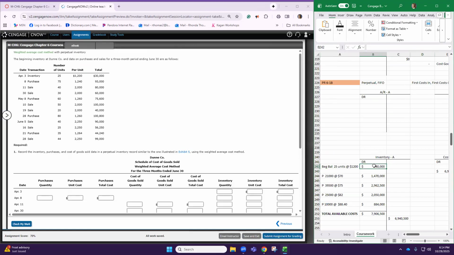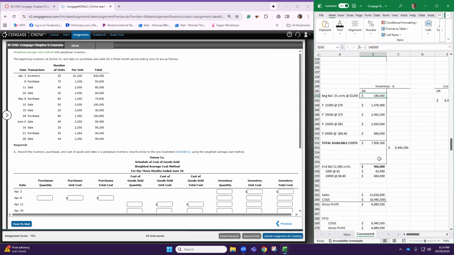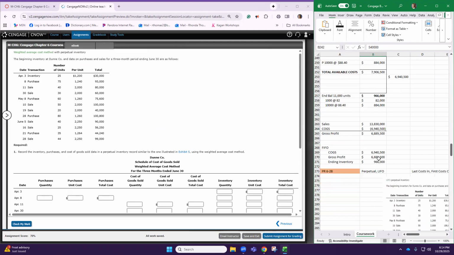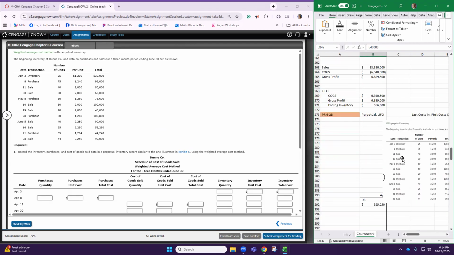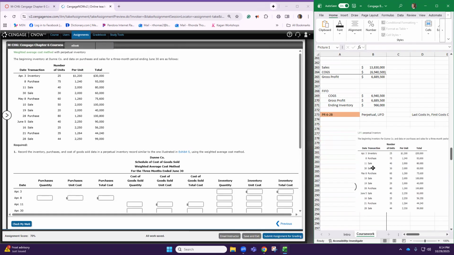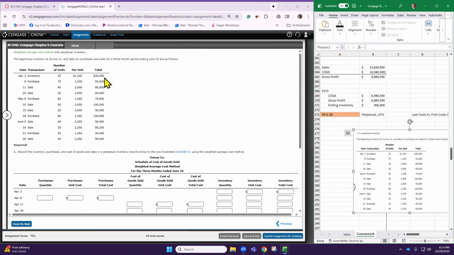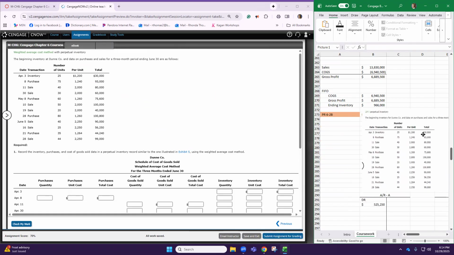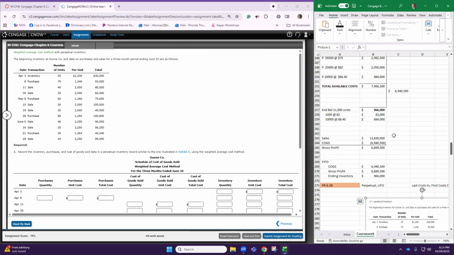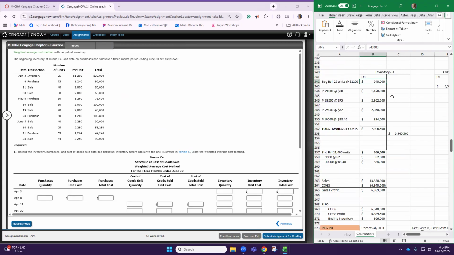Okay, $1,200. So we're going to make that happen. Well, guess what? They give us the total. That's nice. So we don't have to do quite so much of the math. Yes, so let's put 30,000 there.